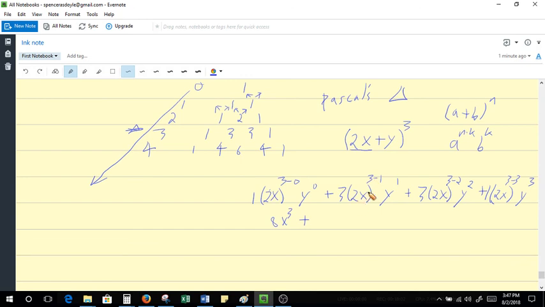plus that's going to be 2x squared, so that'll leave us with 4x squared times 3 is going to give us 12x squared, and then that's just y, plus 2x to the 3 minus 2, so that's going to be to the first power, so 2x times 3 is going to be 6x, then we have y squared, plus 2x to the 3 minus 3, that's going to be 0, so that'll be 1 times y cubed.